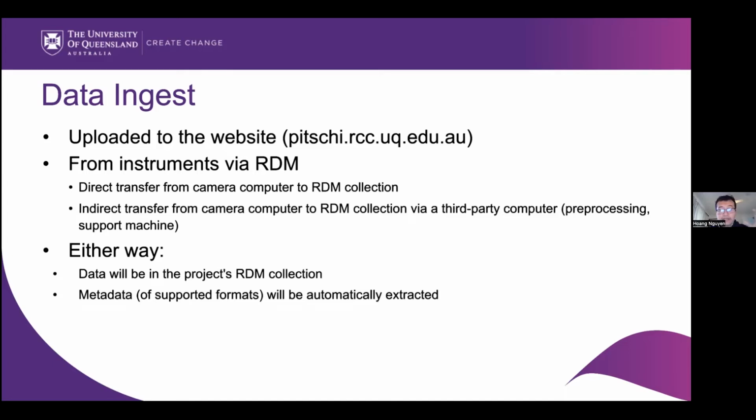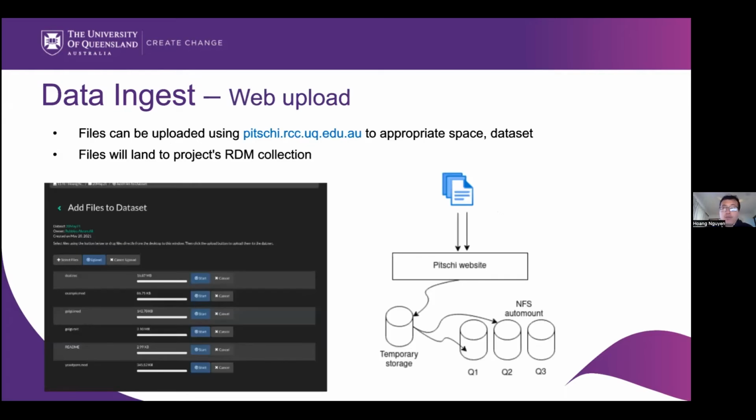So regardless of the way that the data is ingested, the data will land in the project's RDM collection, and then the metadata will be extracted automatically. Now, the web upload is quite simple. You just go to the website, go to the dataset, and then upload the data. The data are stored in a temporary storage at first and then moved to the corresponding collection later on.